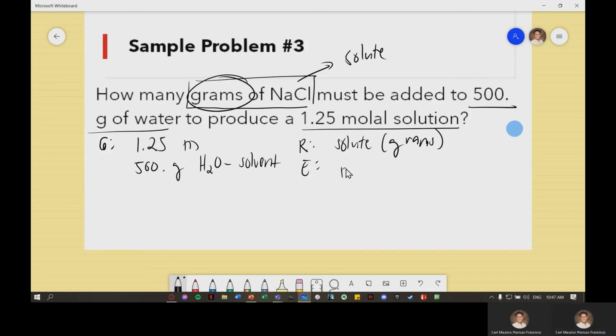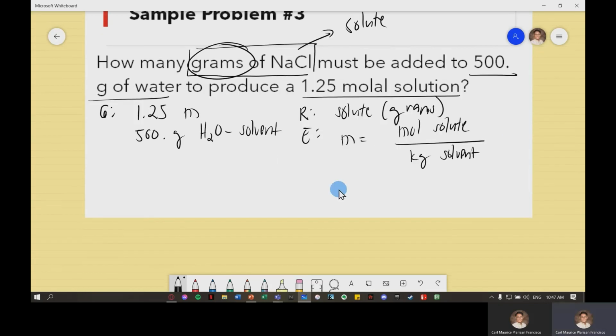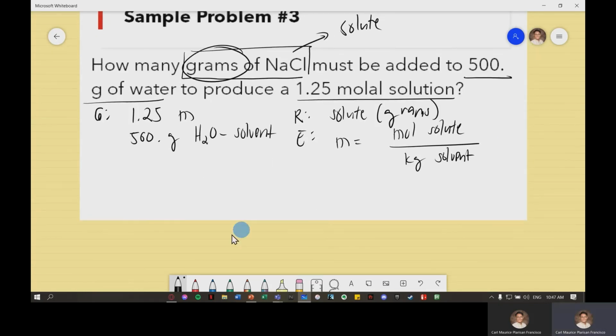Equation: molality is equal to moles of solute all over kilograms of solvent. Now, let us check if the following are given. Your molality is already provided, so check.